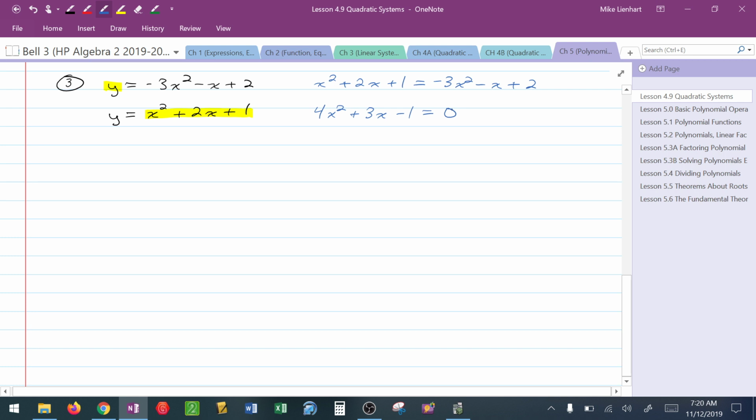All right, I believe that this is factorable. I know that I have a goal number of 4 times -1 or -4, middle term of 3, which factors to -1 and 4. Don't forget to divide by 4. A is 4. So this will factor to 4x minus 1 and x plus 1.